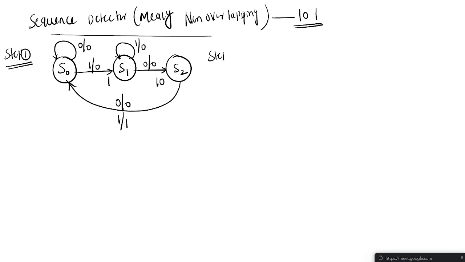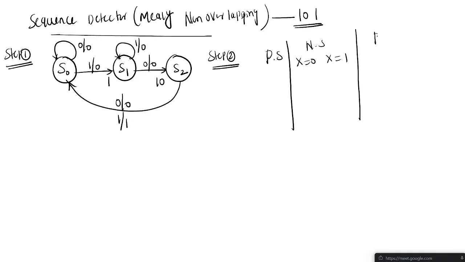Step two, you need to write the state table with present state and next state. Next state at x equal to 0, next state at x equal to 1, and the present output when x equal to 0 and x equal to 1. How many states are there? Three states. For S0, tell me the next state when input equal to 0. S0.